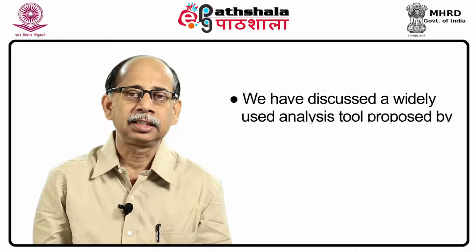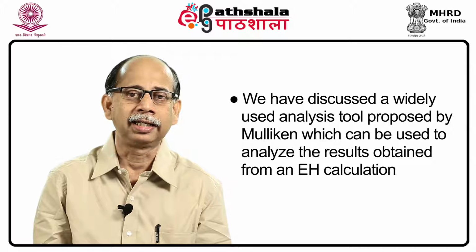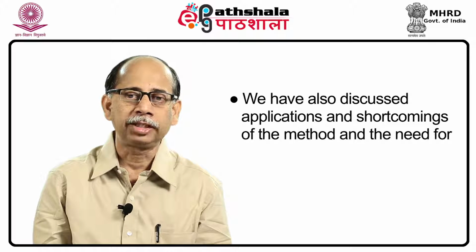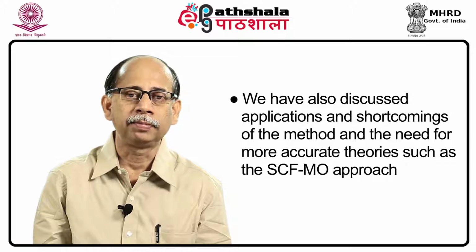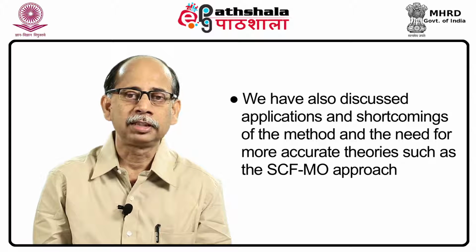We have discussed a widely used analysis tool proposed by Mulliken, which can be used to analyze the results obtained from an extended Huckel calculation. We have also discussed applications and shortcomings of the method and the need for more accurate theories such as the self-consistent field molecular orbital approach.